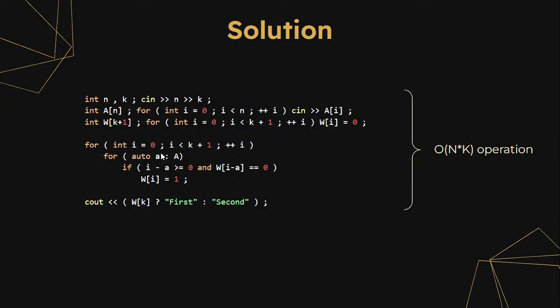Basically, we are trying to find a position which we can force our opponent into, that is a losing position, that will make this current position a winning position. So I will iterate over all a. If I find a position that is a losing position, that will make this a winning position, and at the end we will check if k is a winning position or a losing position to determine who will win. So this will run n into k.